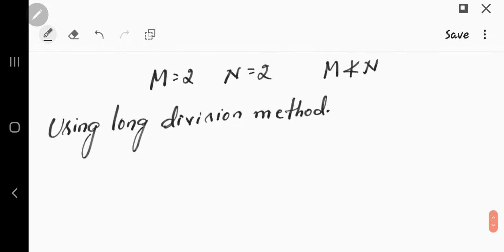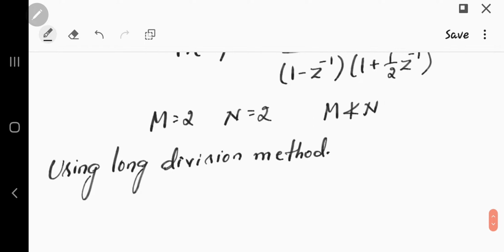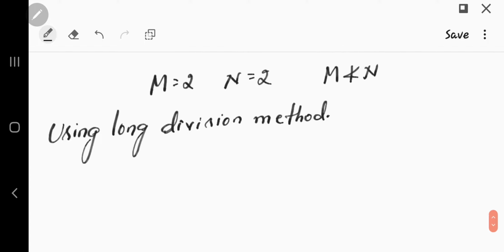Before that, we have to combine this denominator as well as the numerator, because it's in the form of a minus b whole square.